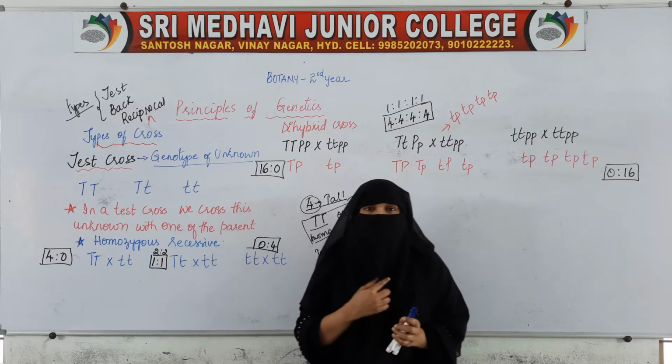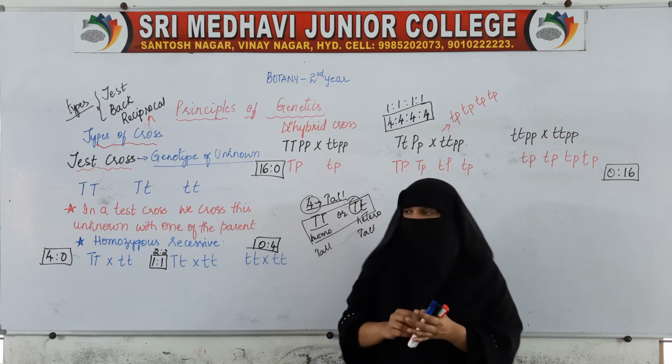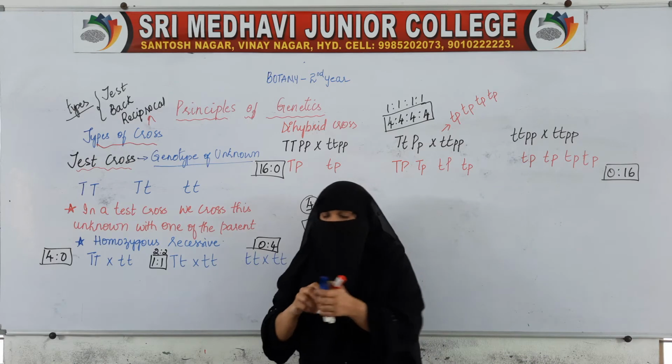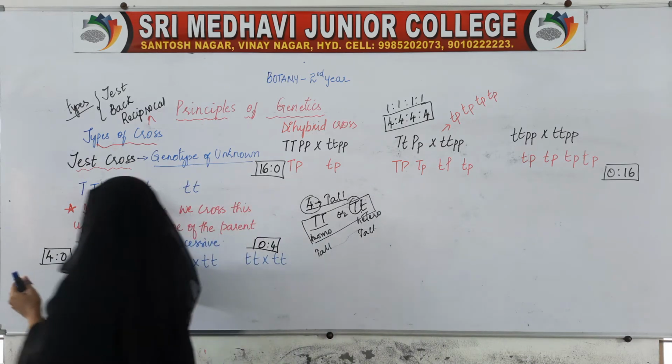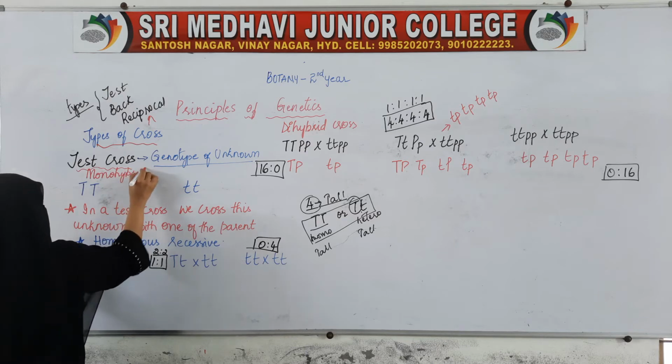So, first to know the unknown, now we will start with the known. See, here we can have scenarios for the genotype in a monohybrid cross.